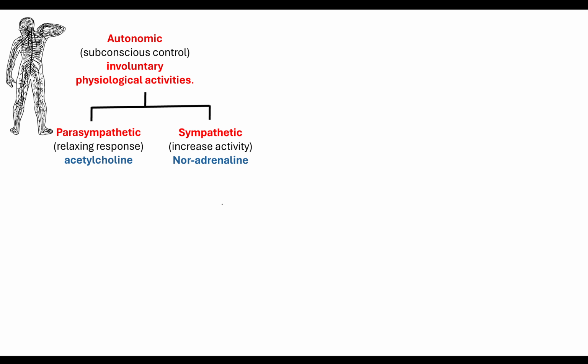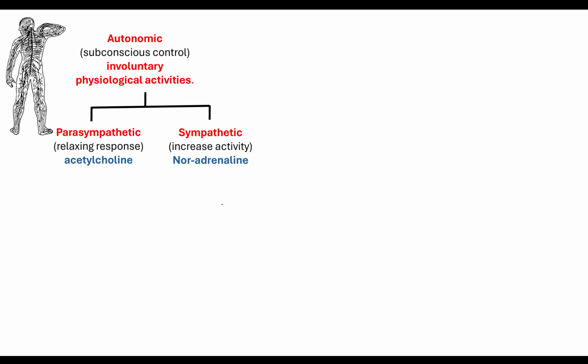So what's actually happening then? Let's just remind ourselves about this autonomic nervous system. So it's a subconscious control, involuntary physiological activity, and it's split into our parasympathetic system, where we want the relaxing response, acetylcholine, and the sympathetic nervous system, which is to do with increasing activity. And that is where the neurotransmitter that is released is noradrenaline.